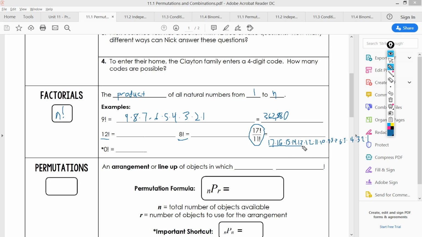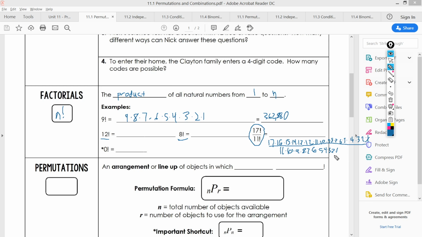That's 17 factorial divided by 11 factorial: 11 times 10 times 9 times 8 times 7 times 6 times 5 times 4 times 3 times 2 times 1. Now, I know I can just type this in a calculator, but I want to demonstrate something to you conceptually, okay? This looks like a lot of math, but there's a lot of canceling we can do, right?